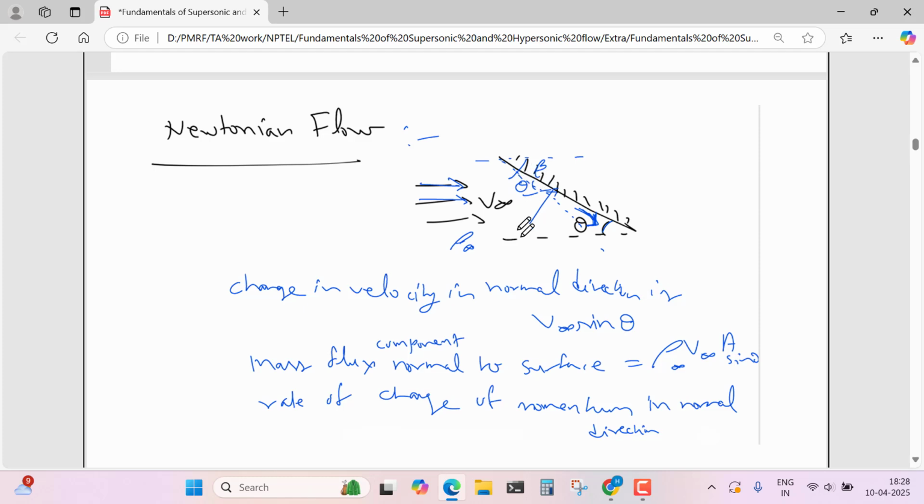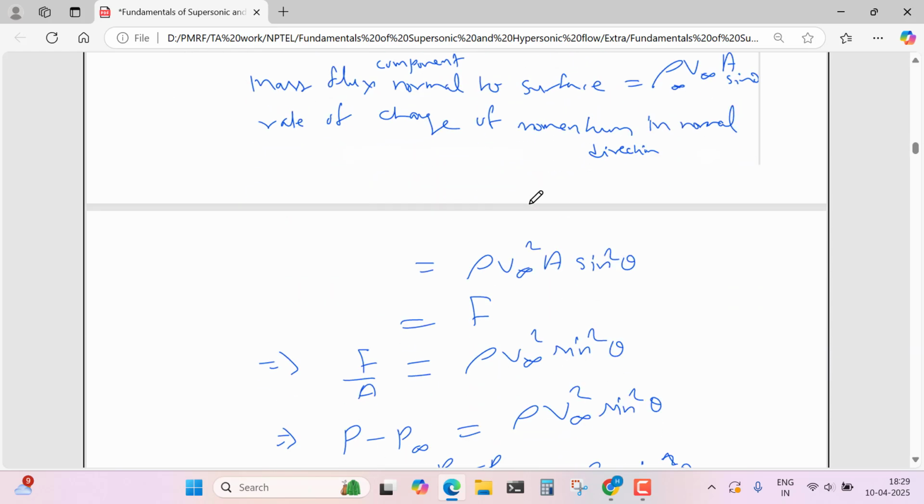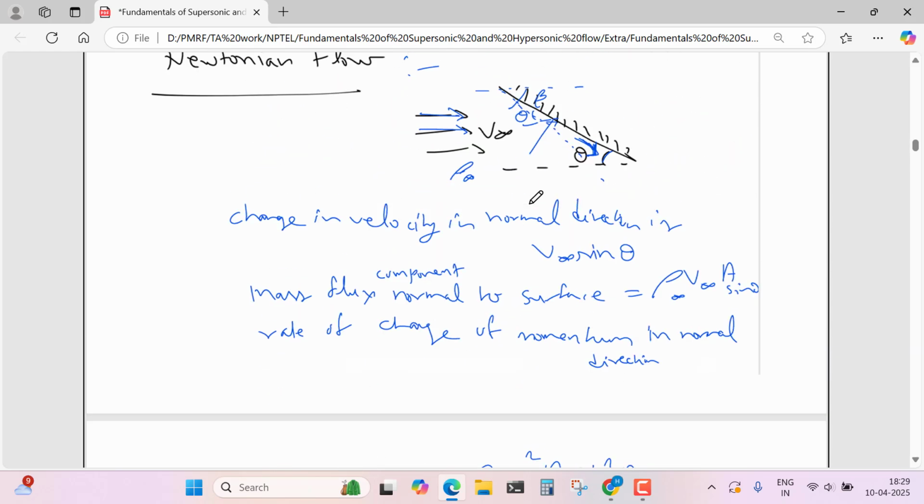Cp will depend on the normal force which is acting on the body, so we have to find that pressure. First we will find the force which is acting normal to the body. So what will be the change in velocity in the normal direction? First let's see what the normal direction velocity is.